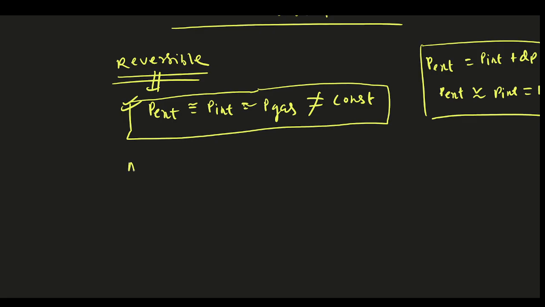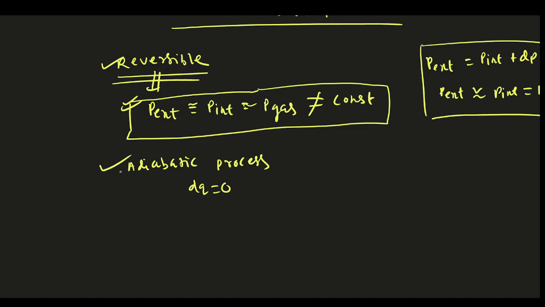And for an adiabatic process, dq equals 0, that is, no heat is transferred. So we are studying the work done if the process is reversible and adiabatic.